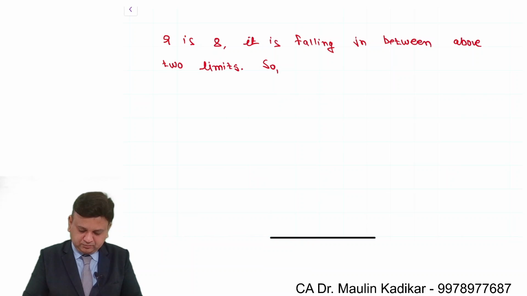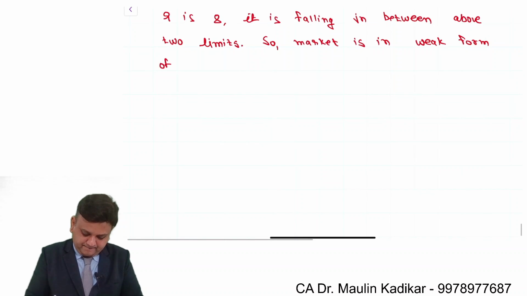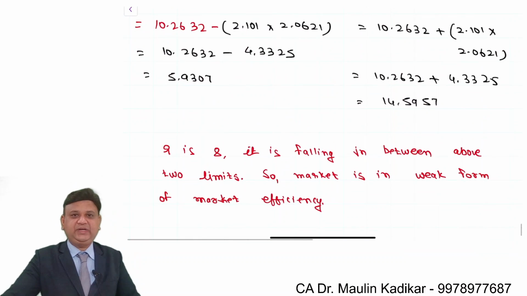So the market is in weak form of market efficiency. This is what we understand.